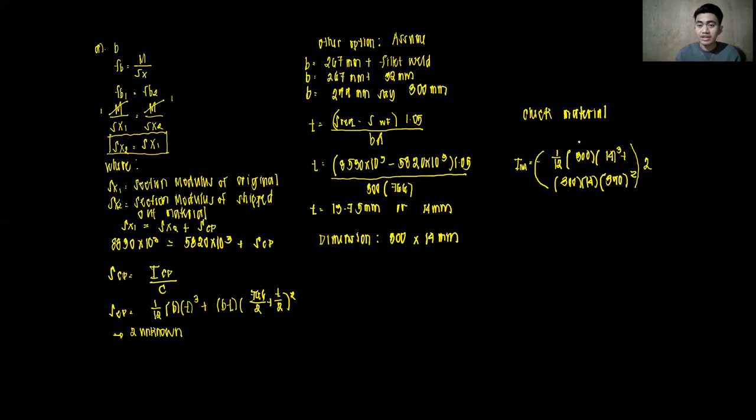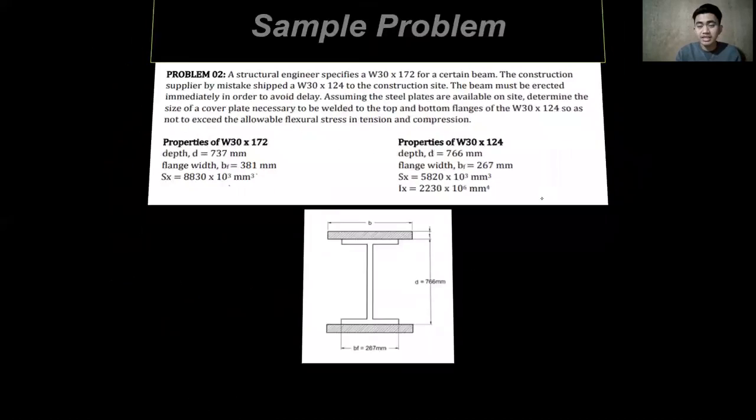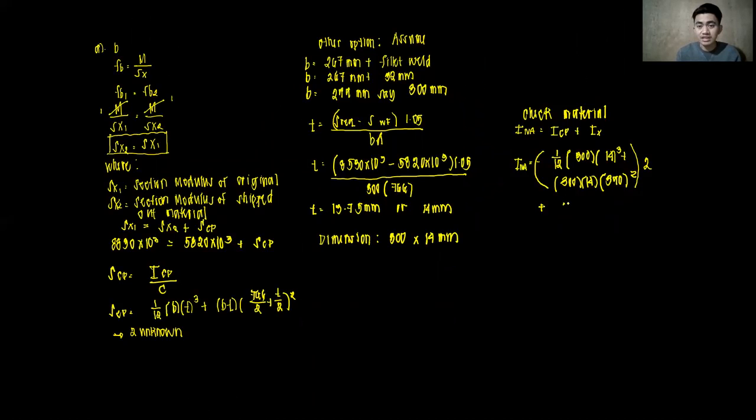So I will have here, this is the I and A for both material is equal to I ng cover plate plus I of yung section natin. Pero given na yung I ng section natin, which is 2 to 30 times 10 raised to 6. So if we are going to do this one, ano yung magiging I and A natin?